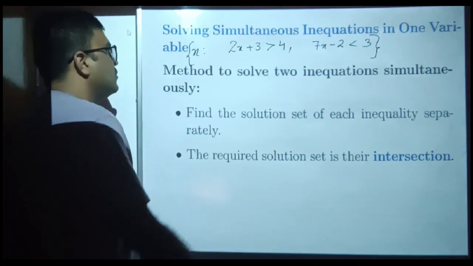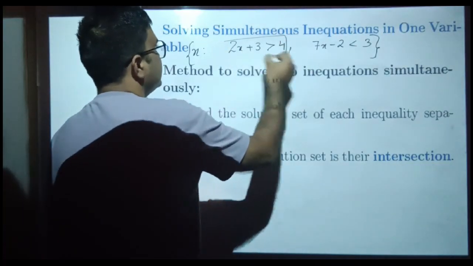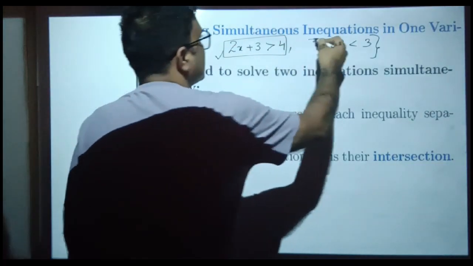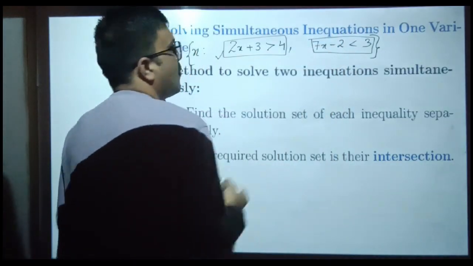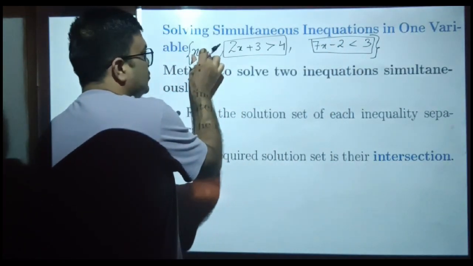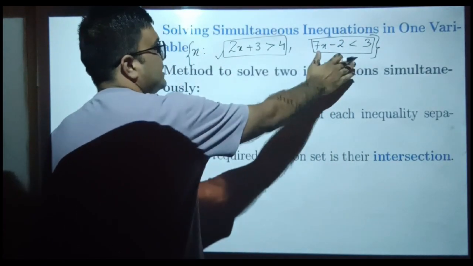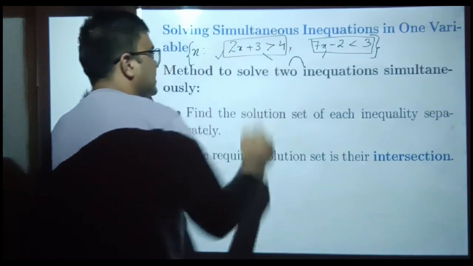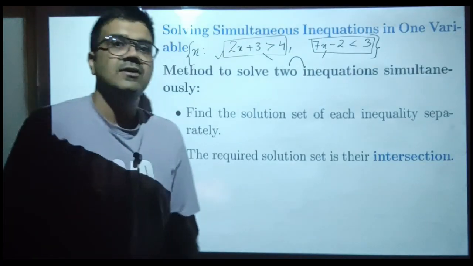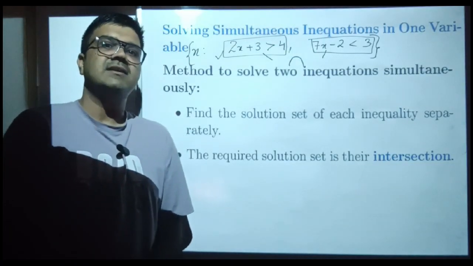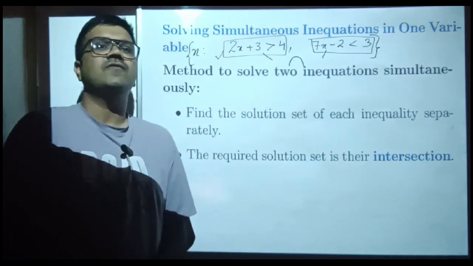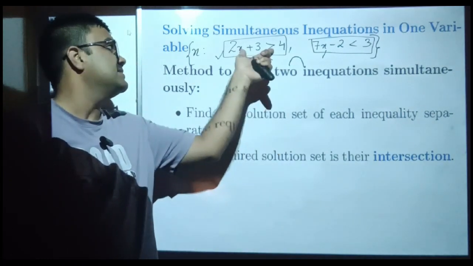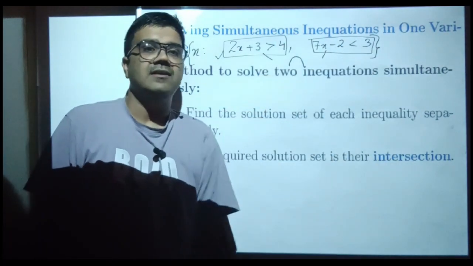So we have to solve this inequation, we have to solve this part, and we are interested in those values of x which satisfy this and this. It means whatever answers we obtain for this, we will take the intersection of those answers, because we are interested in the common values of x which satisfy this as well as this inequation.